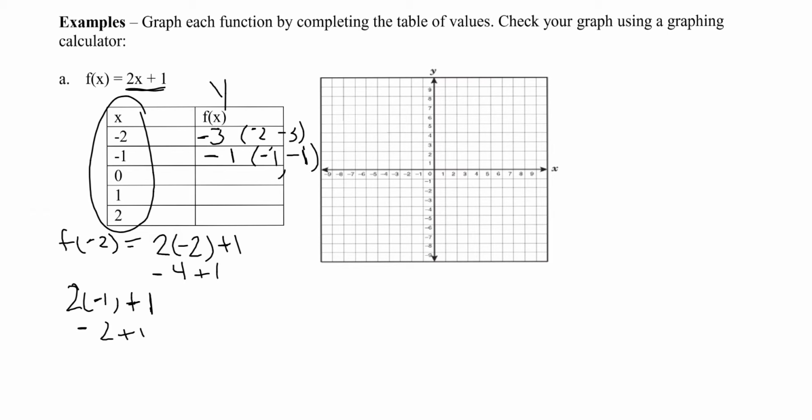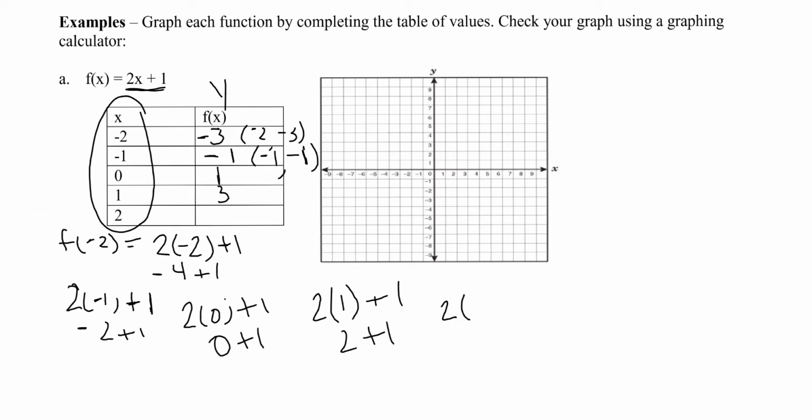Plug in 0, we'll do 2 times 0 plus 1. Anything times 0 is 0, so 0 plus 1 is 1. 2 times 1 plus 1 will give me 2 plus 1, or 3. And then we do 2 times 2 plus 1, so 4 plus 1 equals 5.